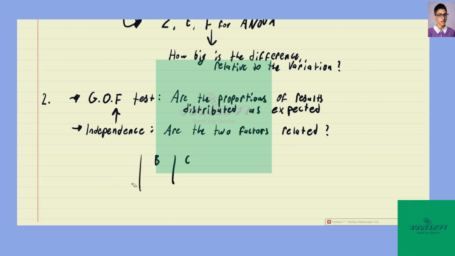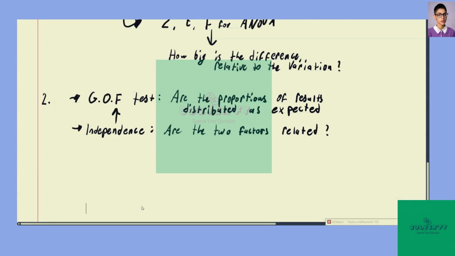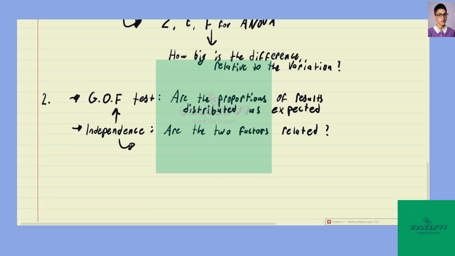Instead, you're trying to see if those two categorical variables are related. And actually, that's also another good point. The independence test is for two categorical variables. The GOF test is, basically, for a single categorical variable.